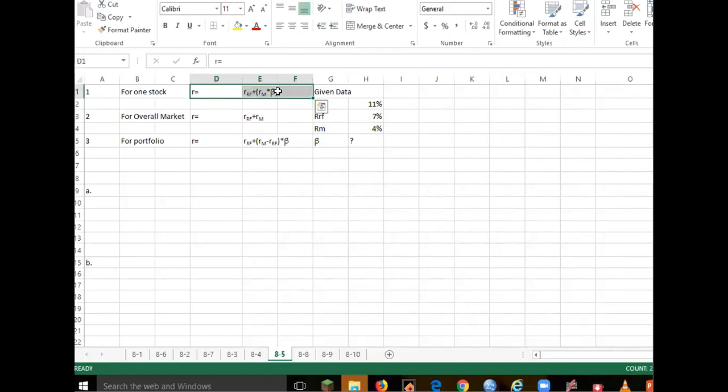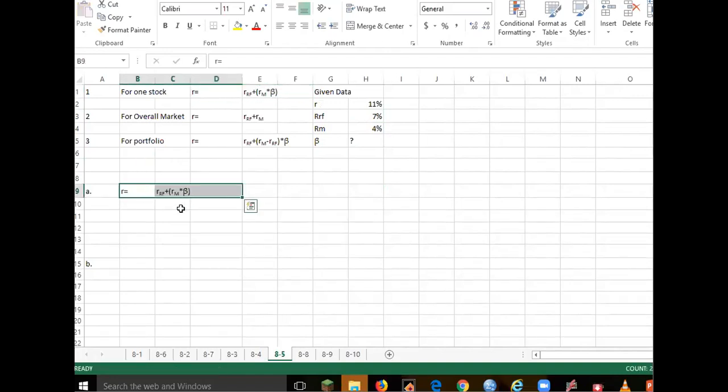So this is for one stock. So we take this formula for requirement A. The required rate of return is given, 11%.